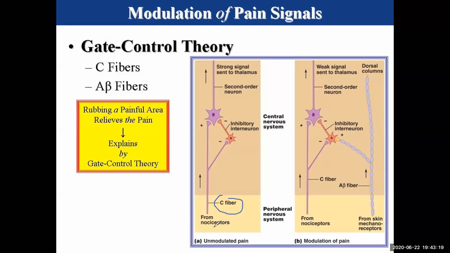So let's say you bump your elbow into a corner. It's going to trigger an action potential that shoots to the brain. So this is the first order neuron, and this is the second order neuron. The action potential travels all the way to the primary somatosensory cortex to perceive the pain.